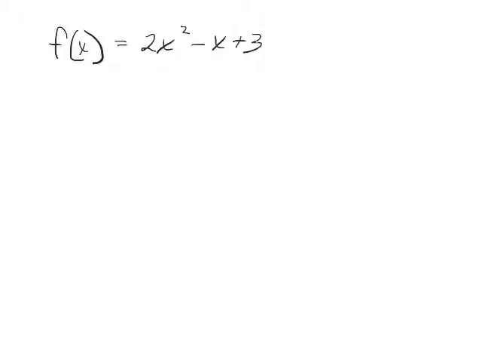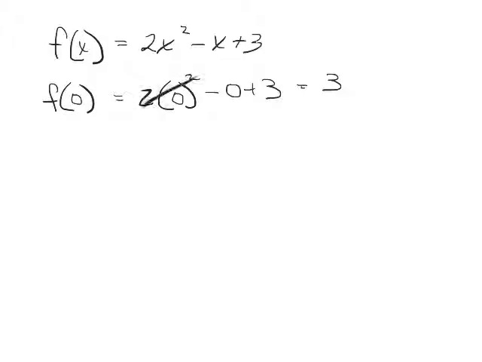Find each of the following. So they want us to find f of 0, and that would be if we were to put 0 in for our x values, and solve it from there. And in this particular case we'd end up getting 3, because that would go away and that would go away.